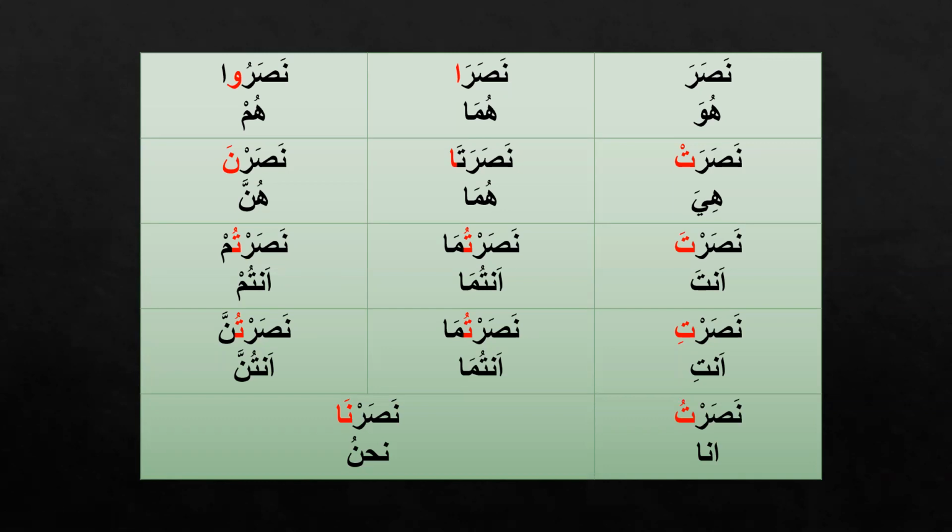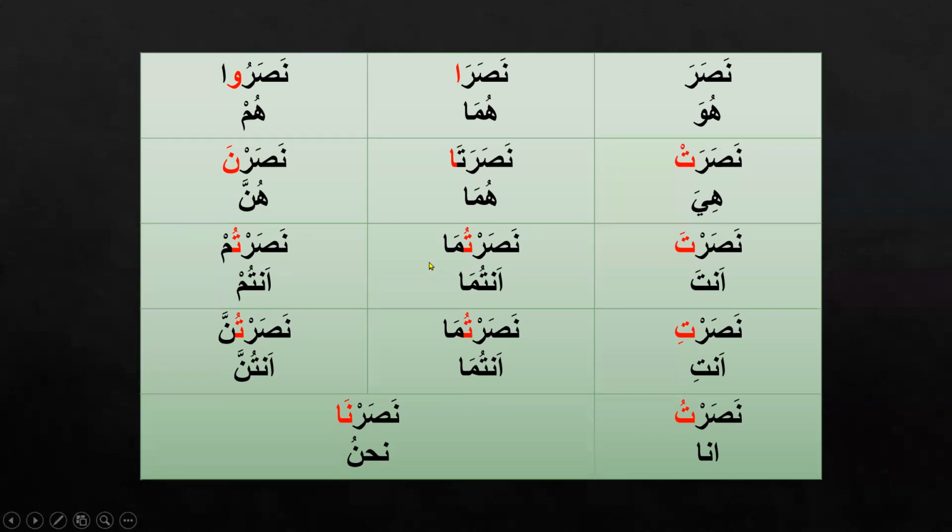All right. So only for these two, remember this, that the damir is mustatir. It is hidden. And all these are baris. They are all visible. You can see them. Look at these.